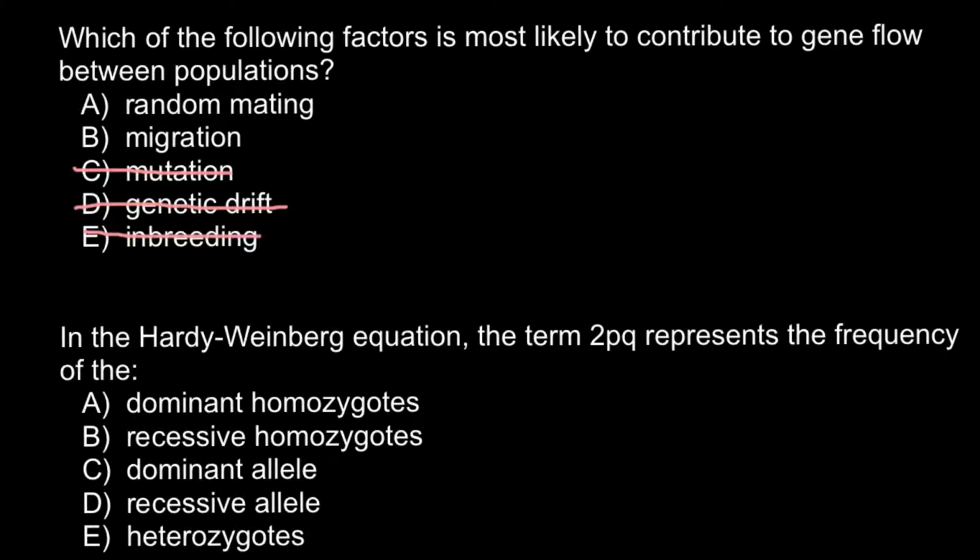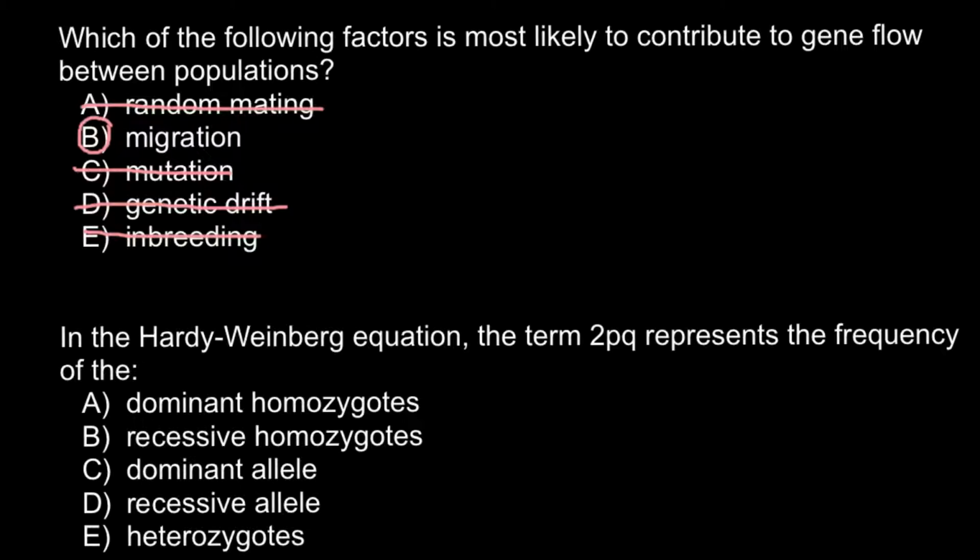So we exclude answer A, and we are left with migration. Migration is another way to express gene flow. So gene flow is due to migration between two populations, and this causes genetic drift. So the correct answer would be B.